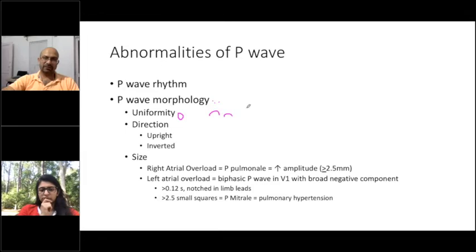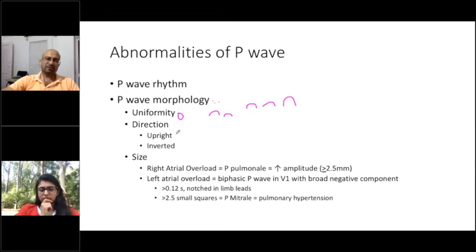You might find that one P wave is big, like my drawings, and some P waves are flatter, some P waves are higher. That means there are impulses coming from different areas. They are not coming from the same area. If it comes from the same area, all P waves will look alike. If they are not looking alike, that means the impulses are coming from different places.